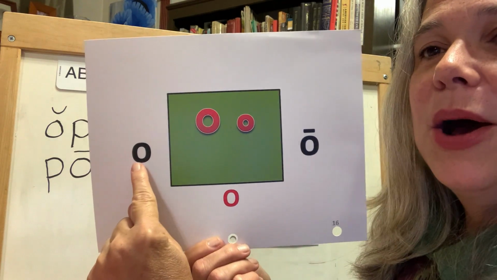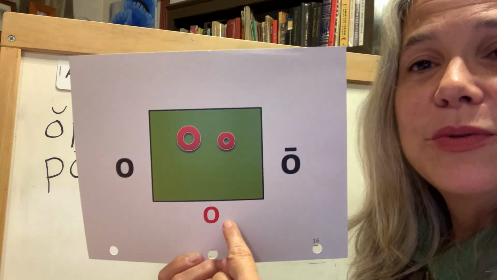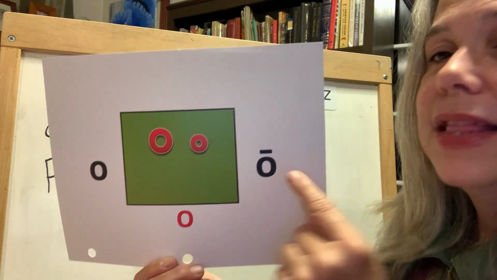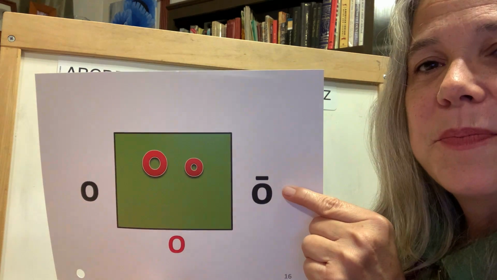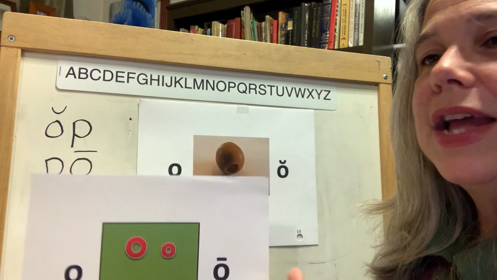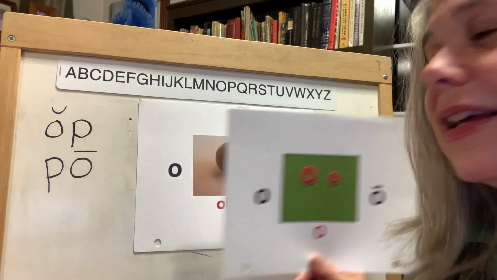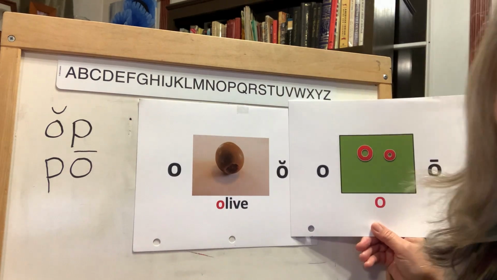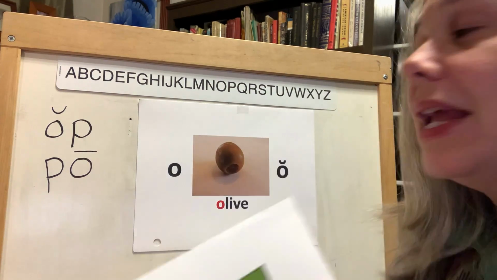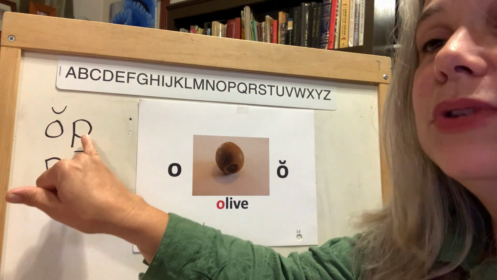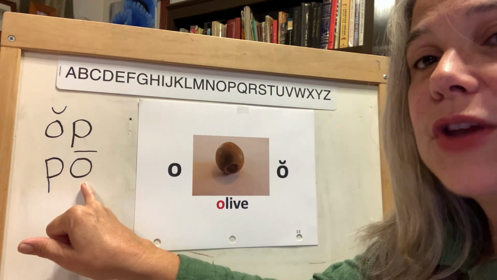The key word is going to be the letter O, and the sound is O. So we have 2 ways to pronounce O, and it depends if it's being closed in that syllable or if it's open.